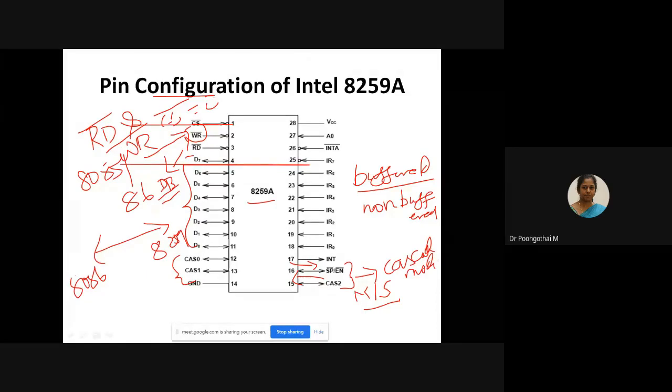In non-buffered mode, it is used as an input to determine whether 8259 is to be used as a master or slave. Okay, please note it down. When this pin SP bar EN bar is equal to 1, 8259 is configured as master. 0 means slave.